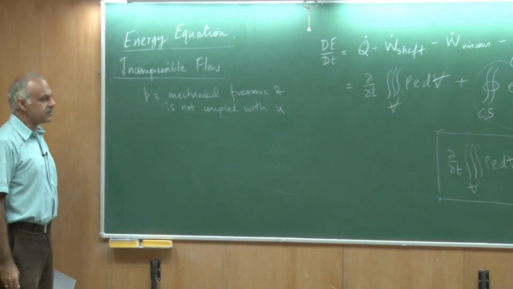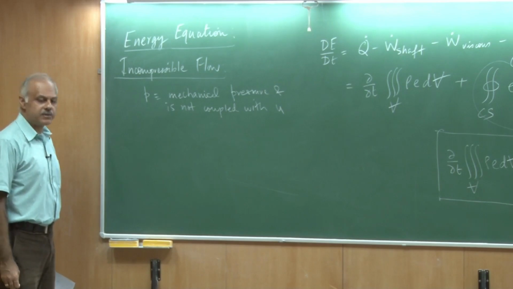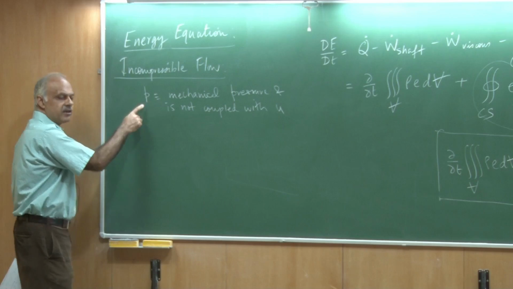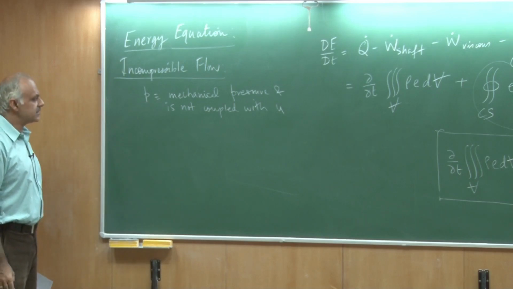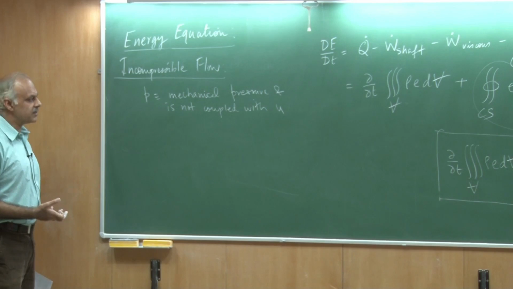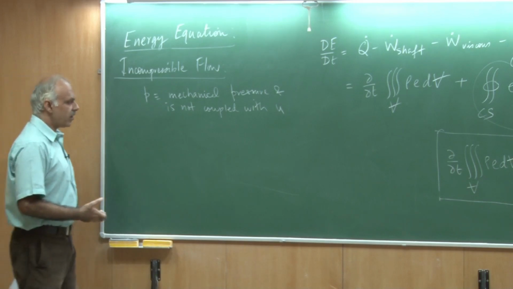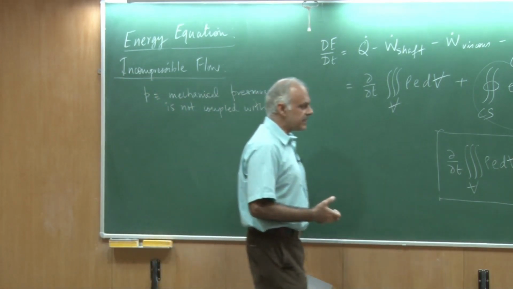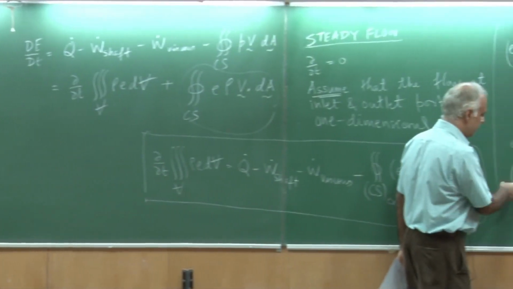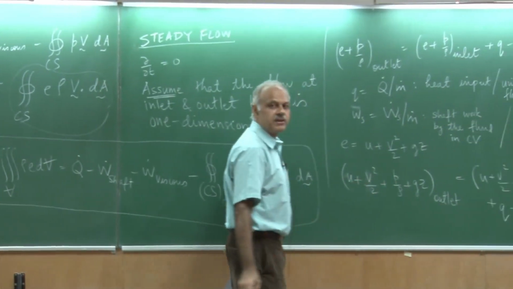Recall the internal energy would depend on the temperature, for example, or maybe the density, but this P is independent of the density changes in the flow or the temperature changes. In fact, the density of each fluid element is going to be preserved simply because it is an incompressible flow. Now, if I want to take that into account and I look at this equation, then U and P are now decoupled.